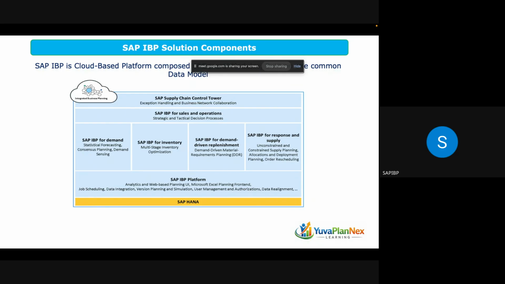First, the IBP for demand. We know that demand planning is like forecasting. So if you take the demand planning cycle, irrespective of what kind of tool you are using, what is the general demand planning cycle? Anyone of you? What do we do in demand planning?